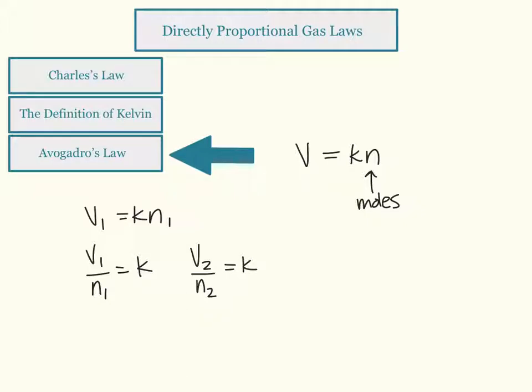Then you can substitute and get a useful expression, V1 over N1 equals V2 over N2. This is just another form of Avogadro's law.